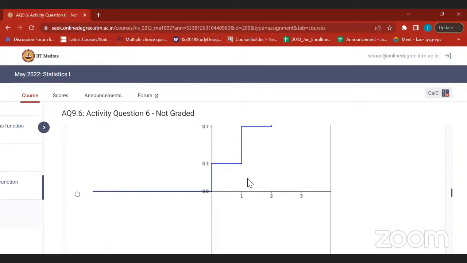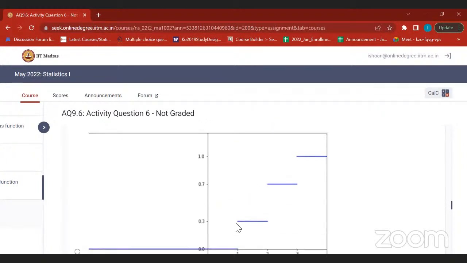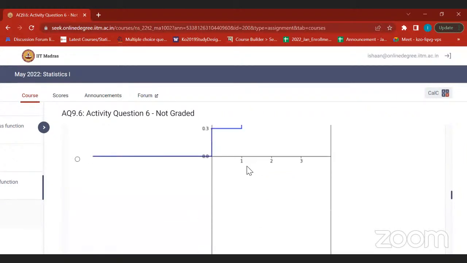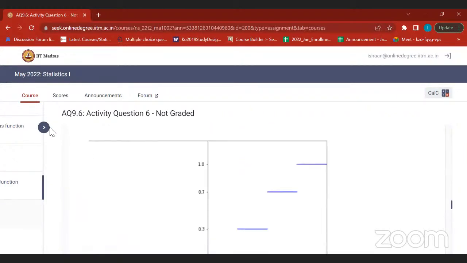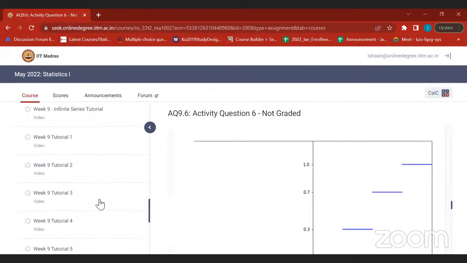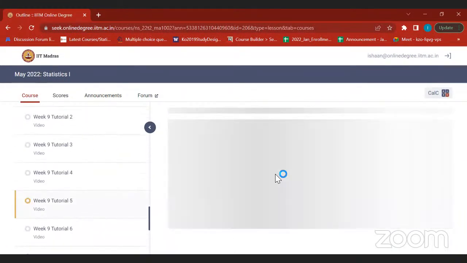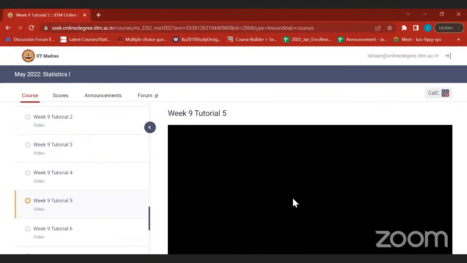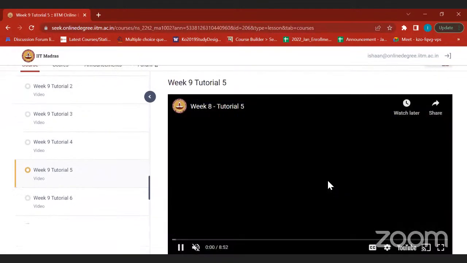Yes, sir. Even in the lecture video, I think ma'am has joined it by dotted lines only. In Tutorial 5, the instructor drew vertical lines, sir. So I got confused between what to select. Let me see.